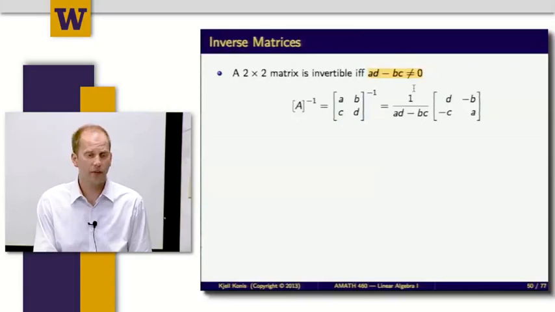If that's not equal to 0, then the inverse of A is going to be equal to 1 divided by AD minus BC. This is why this value has to be non-zero, because I'm going to divide by it.